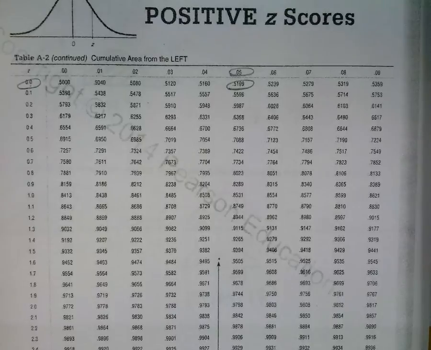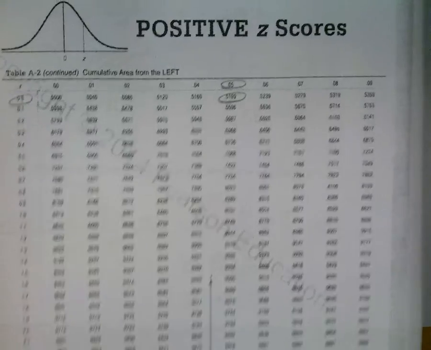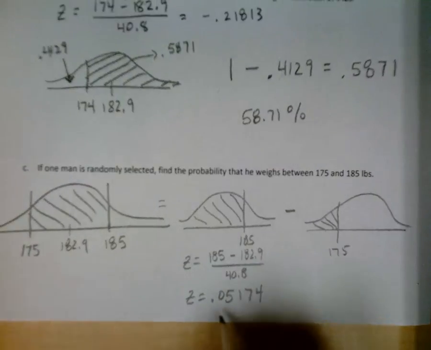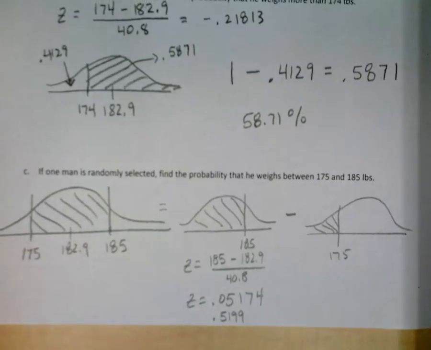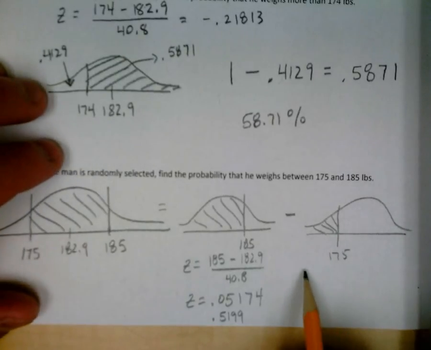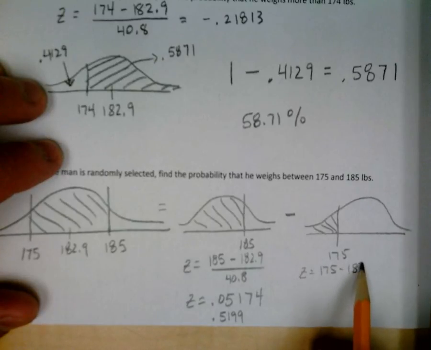And that's 0.5199. So that's the area underneath the curve to the left of 185. Then we want to find the area to the left of 175. Once again, we need to find the z-score. This one should be negative.